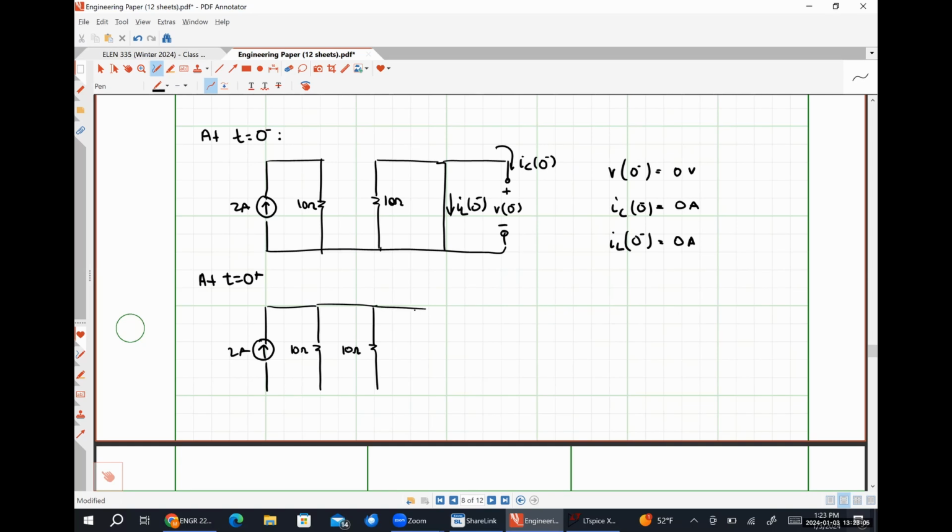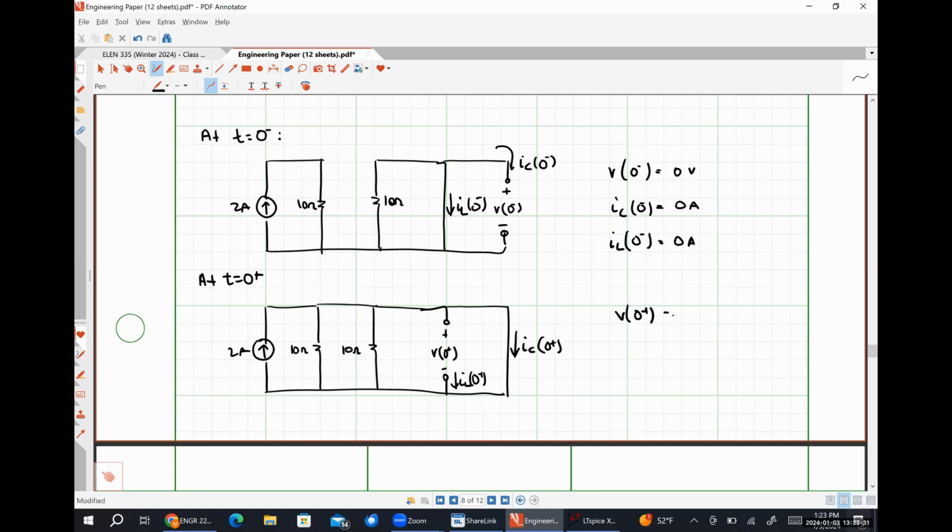Because no current was flowing through our inductor, it's going to be an open circuit. Because there was no voltage drop across our capacitor, it's going to be a short circuit. So here is V at 0 plus, IL at 0 plus, IC at 0 plus.